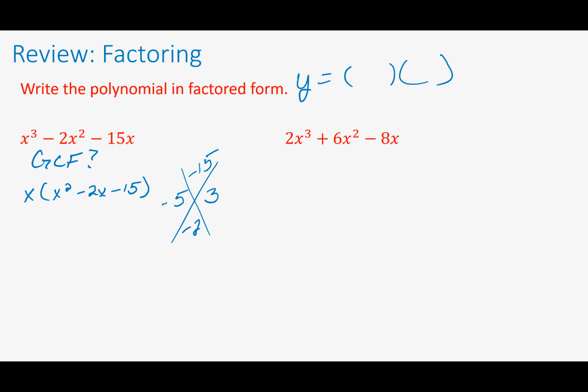Because my coefficient on x squared in the parentheses is 1, I can immediately jump to say x minus 5 and x plus 3. But do not forget about this x all the way on the left that's going to come along for the ride. So x times x minus 5 times x plus 3. And there's no solving or anything; we're just practicing factoring on this.